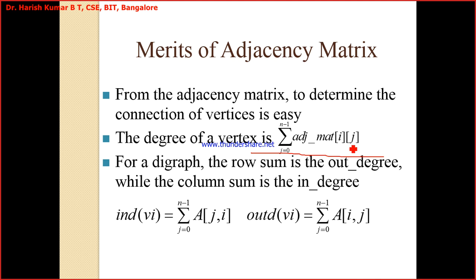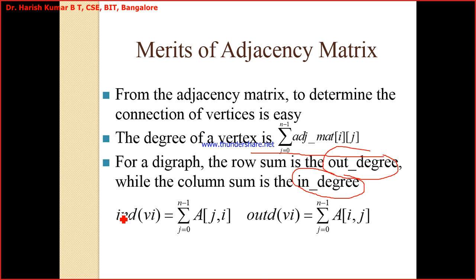The degree of a vertex is the summation of all the elements for j equal to 0 to n minus 1. Similarly, for a digraph, the directed graph, if you take the sum of a row, it is the out degree, while the column sum gives you the in degree.